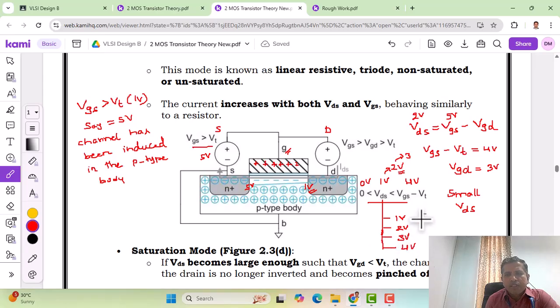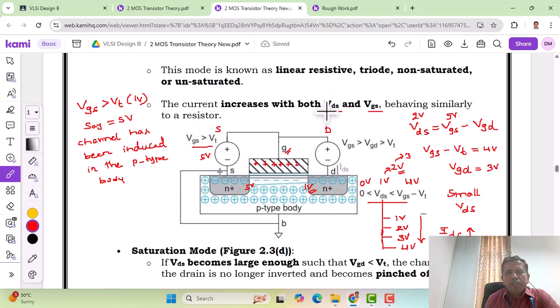In all these cases, when VDS is increased, IDS also increases, and therefore the current behaves in a linear manner. That's why the name is linear mode. Here the current depends on both VDS and VGS. Increasing VGS also increases the drain source current, and increasing VDS also increases the drain source current.